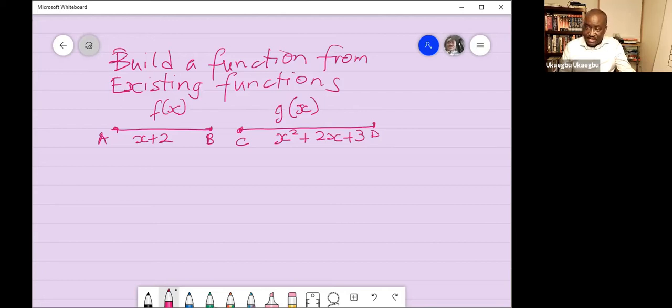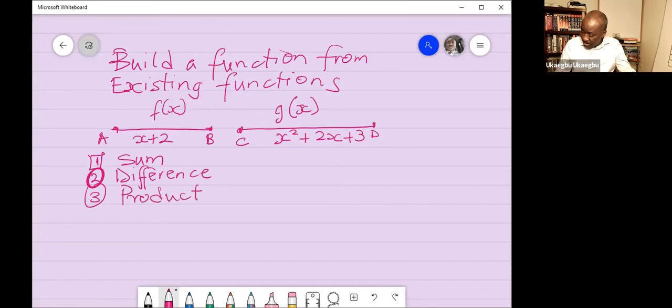So there are different ways we can build a function from an existing function: by way of sum, by way of difference, by way of product, and by way of quotient.